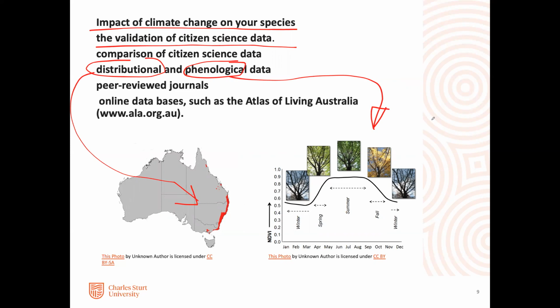So what happens in Australia with summers getting hotter, for example, that'll impact on the phenological data, okay? So think distribution, that's pretty straightforward, and think of the changes your species goes through over a season or day to day.